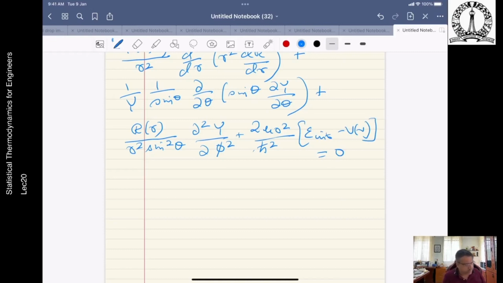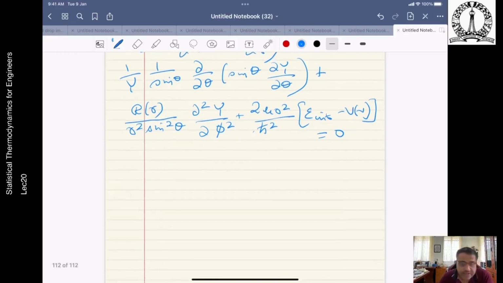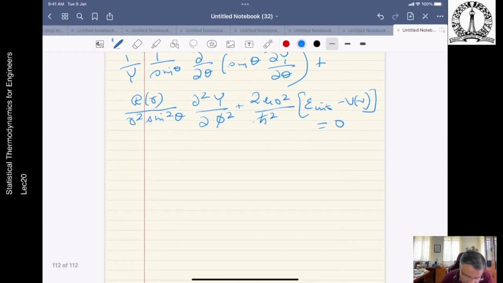So, right now, what we do is basically separate the two things to the two sides, as you do in a typical separation of variables.